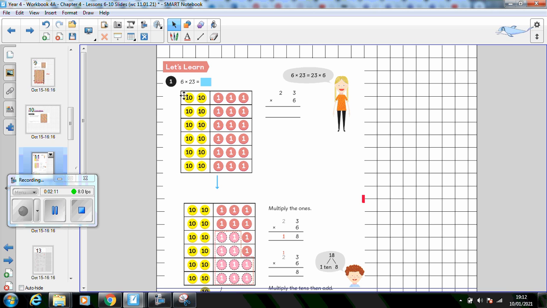Here we can see with place value counters we have 10, 20, 3, and we have 6 lots of that 23. 1, 2, 3, 4, 5, 6. Do you remember we were starting to write these multiplication calculations in a column method?